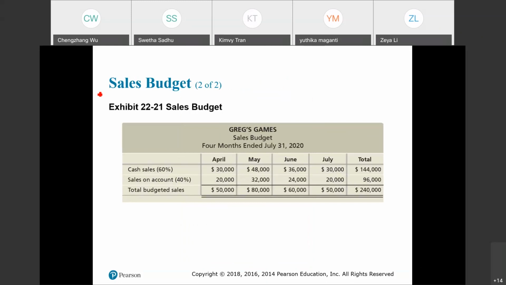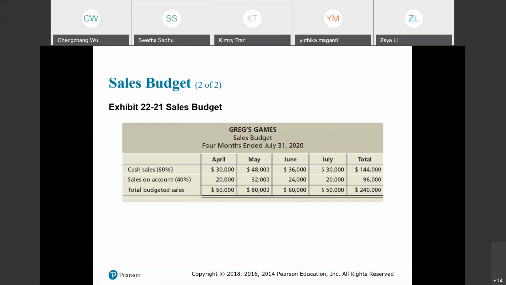Well, this is the sales budget. Similarly, in a merchandising company, just as in a manufacturing company, the forecast of sales revenue is the cornerstone of the master budget because the level of sales affects expenses and almost all other elements of the master budget.